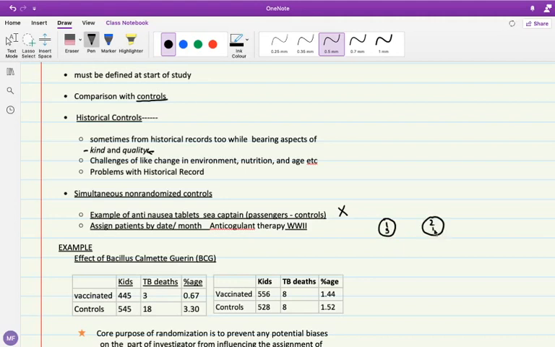So the patients who are visiting on even dates will be given treatment B. The patients who are visiting the hospital on odd dates would be assigned drug A. Okay, so based on this we define our controls and go strategically further ahead.